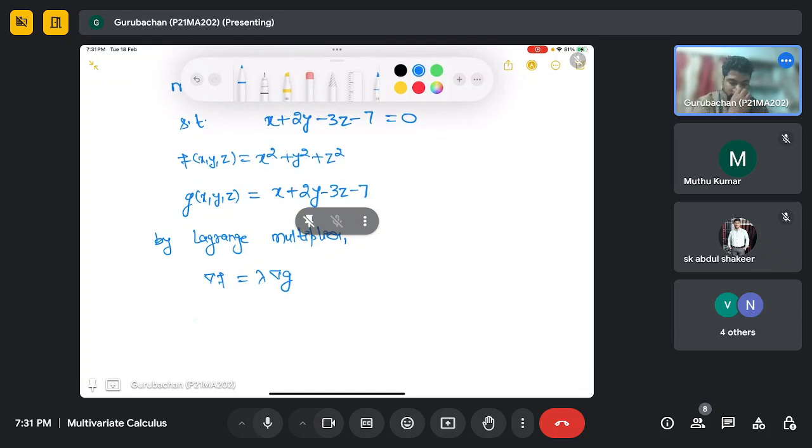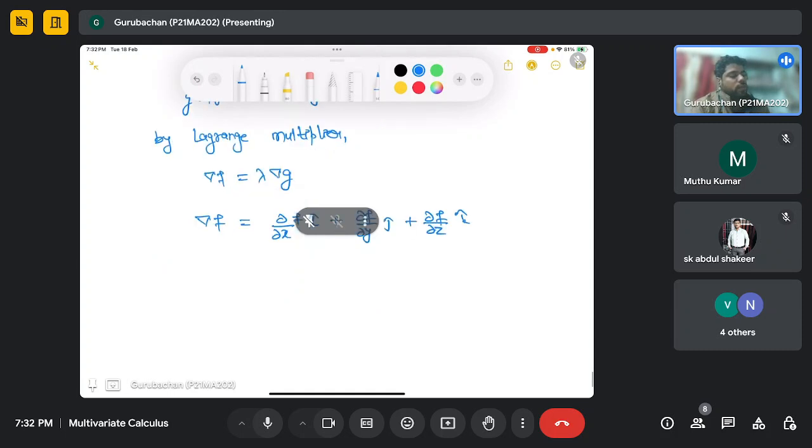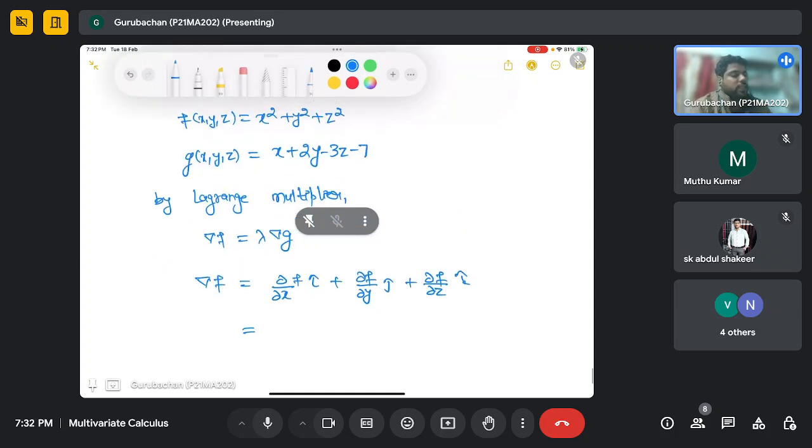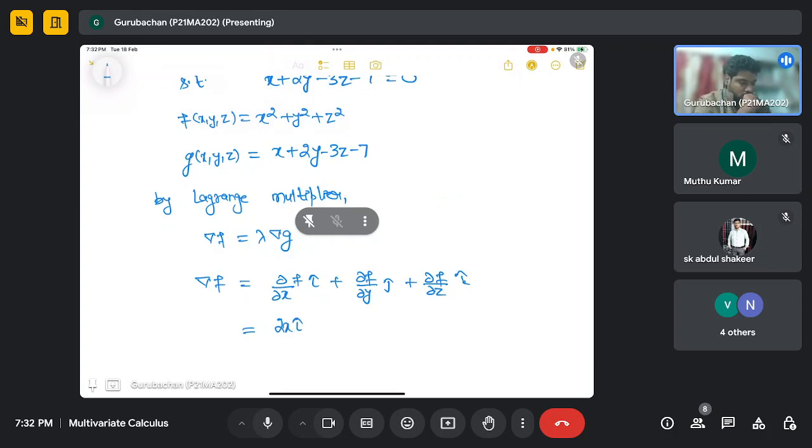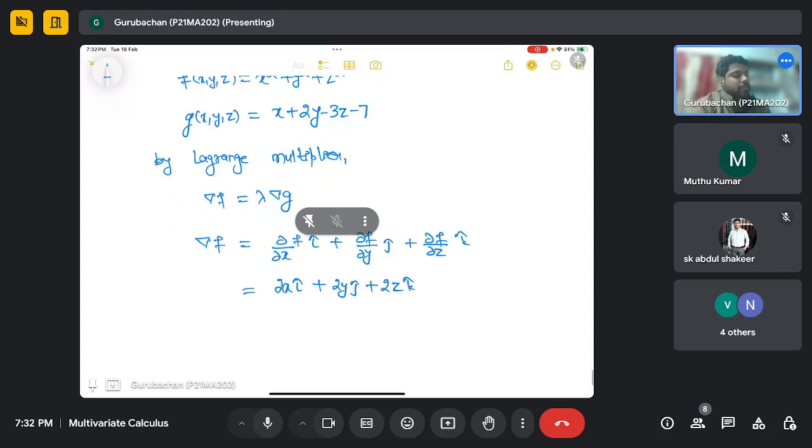What is del f? Del f by del x i cap, del f by del y j cap, del f by del z k cap. So this will give us 2x i cap, 2y j cap, 2z k cap.